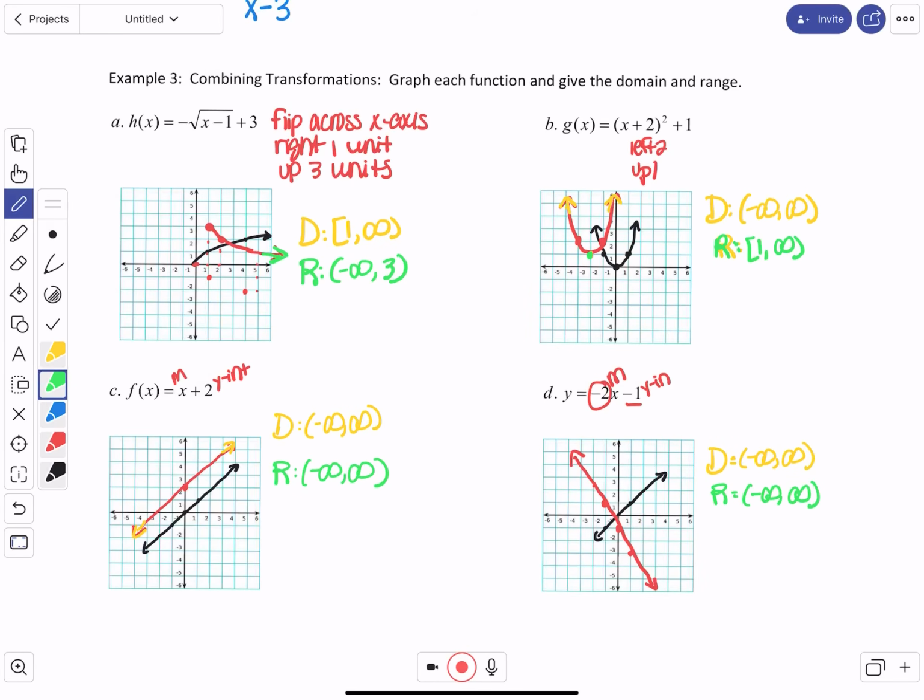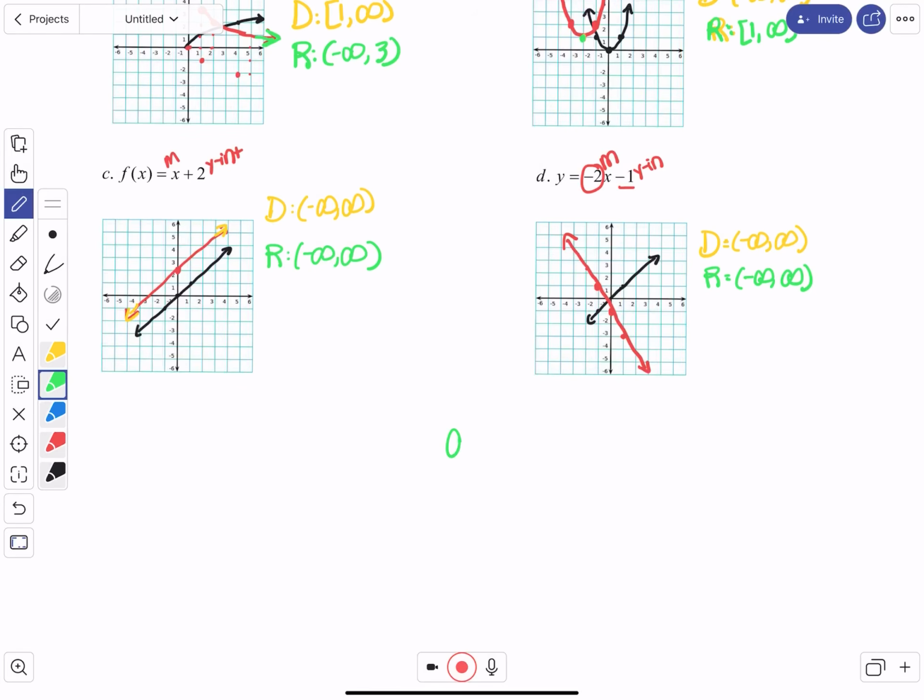Okay? Now, you always use parentheses with negative infinity and positive infinity. Okay, so always use parentheses with negative infinity and positive infinity.